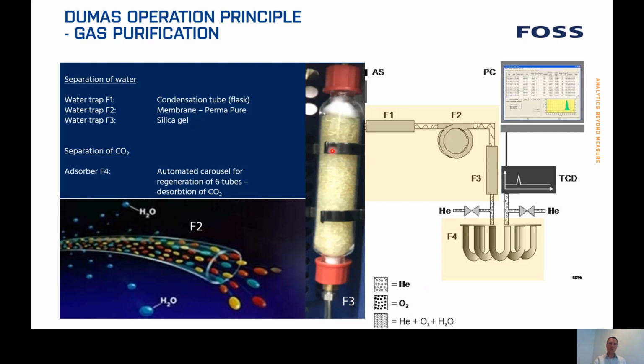When the silica gel is going from orange, when it's fresh, to a pale white, then you need to exchange this. And the F2 is a Permapure, where the water molecules can permeate this tubing, and hence make sure that the nitrogen will continue in the tube, but the water is separated in this Permapure.